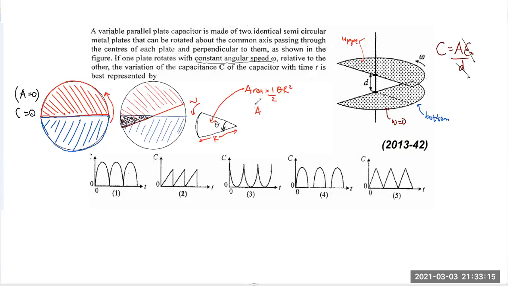Theta is equal to omega into time. Can you agree with me on that? Why? Constant angular speed. Therefore, theta is equal to omega t. If I substitute the value, the area A is equal to half into omega t into r square.